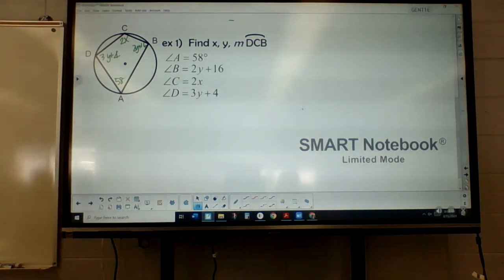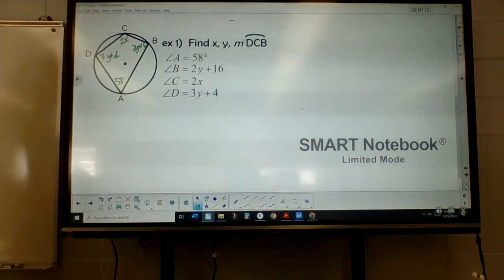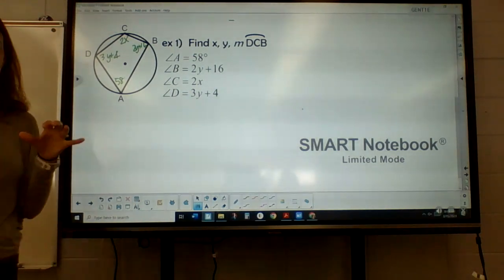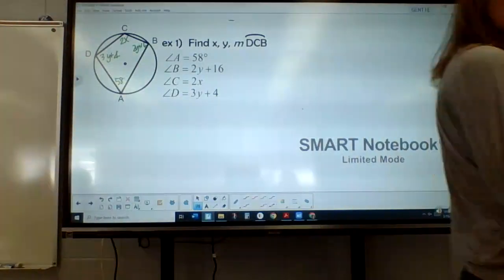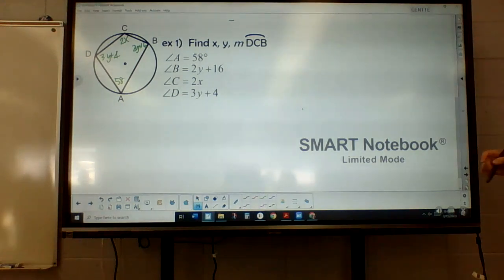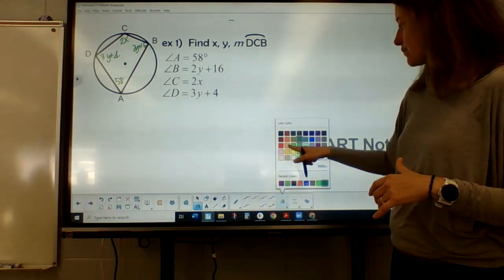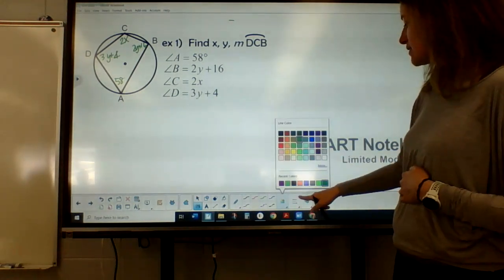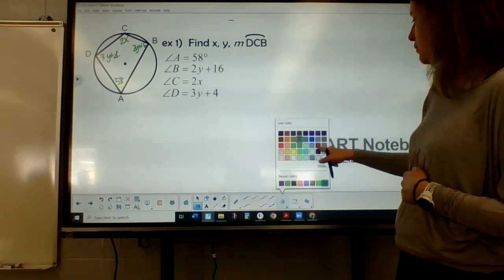All right. So guys, they want us to find x, y, and then they wanted us to find the arc. Let's focus on x, y first. Since this is an inscribed quadrilateral, what do I know about those angles? They're supplementary, so that means they add to 180.